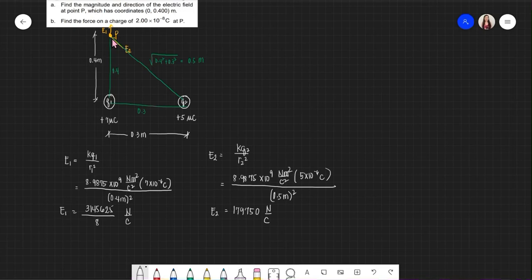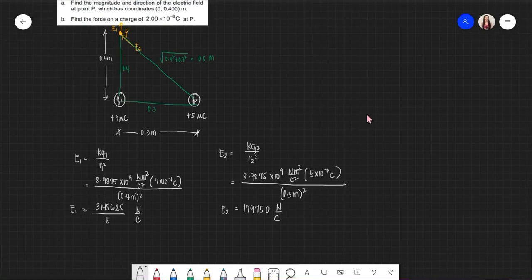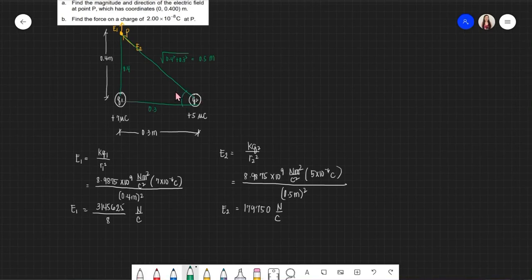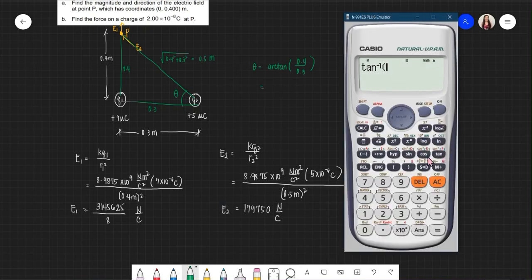But we are finding here the net electric field, no? The direction and the magnitude of the electric field here at point P. But since E2 is directed at a certain angle, we need to solve first for theta. Let's say that this is theta. So theta is equal to the arctangent of 0.4 over 0.3, which is 53.13 degrees.